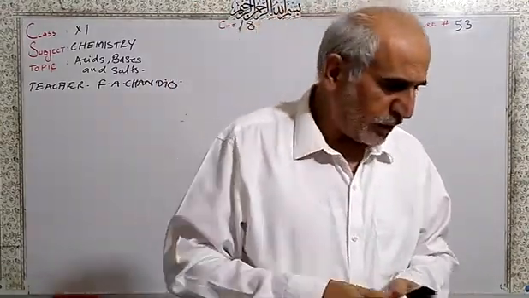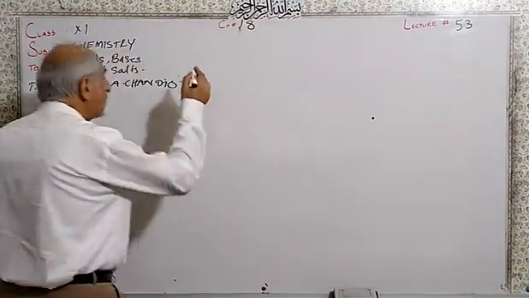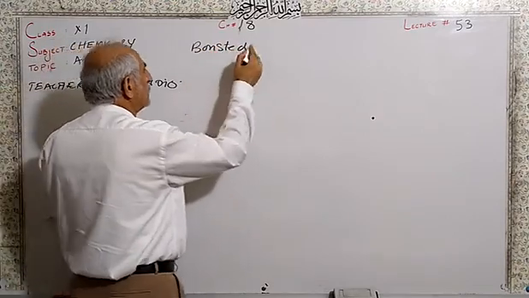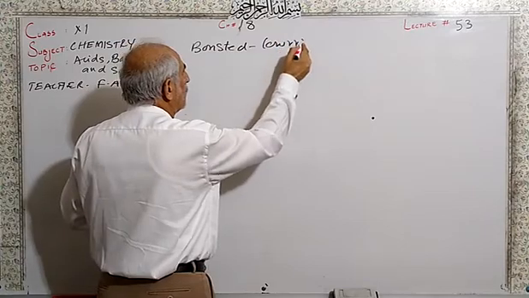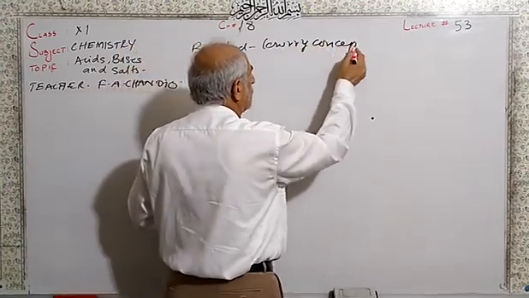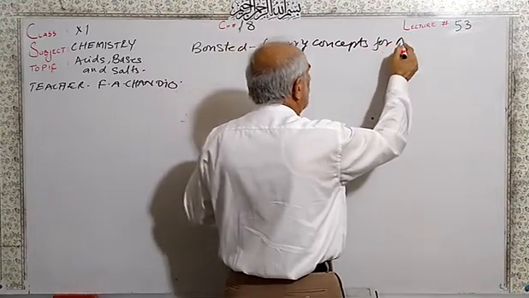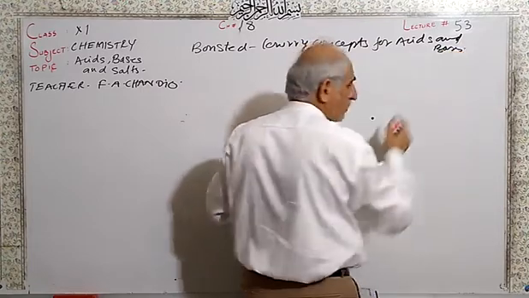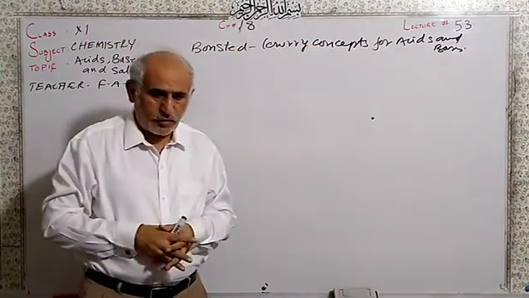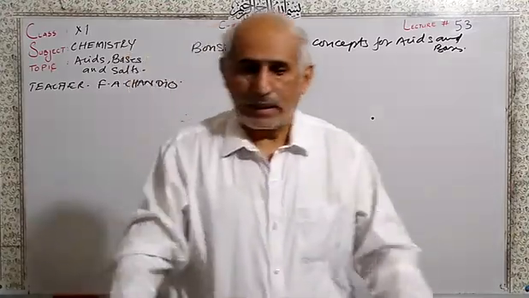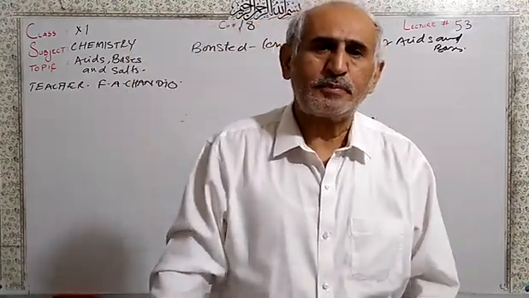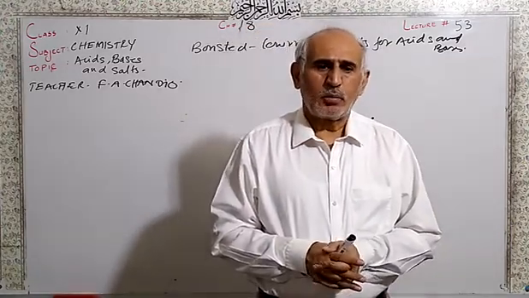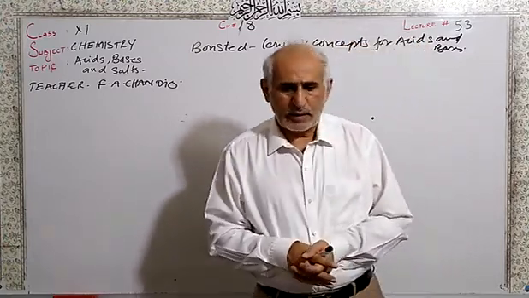According to the Bronsted-Lowry concept for acids and bases, acids have a sour taste, strong acids are highly corrosive, and they change blue litmus to red.